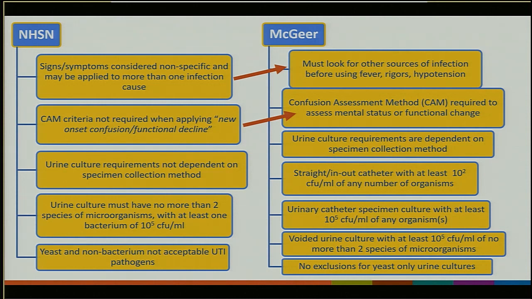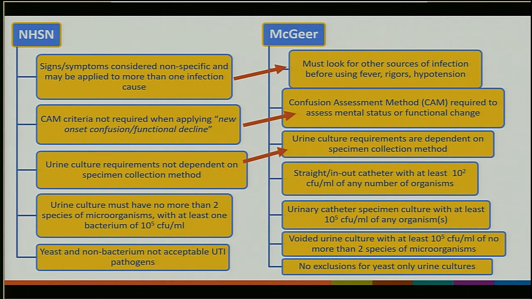The colony count requirements are the same. For NHSN, the urine culture must have no more than 2 species of microorganisms with at least 100,000 colony-forming units of bacterium.